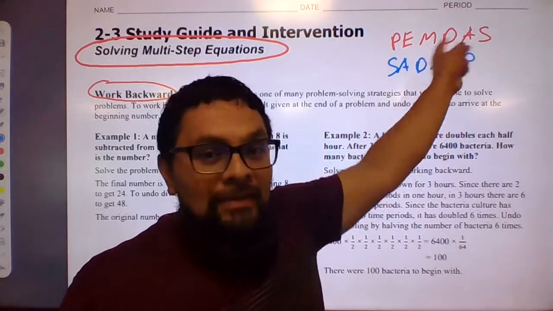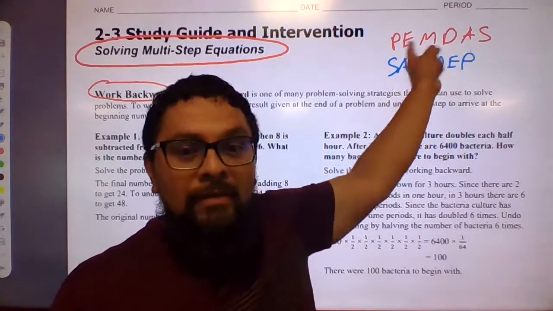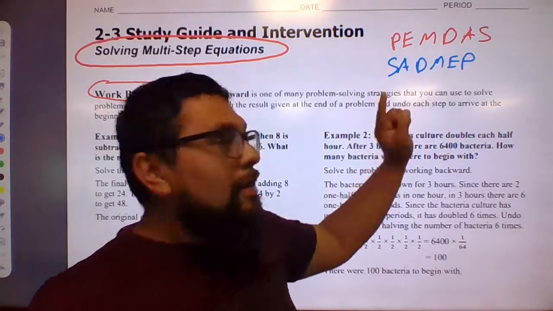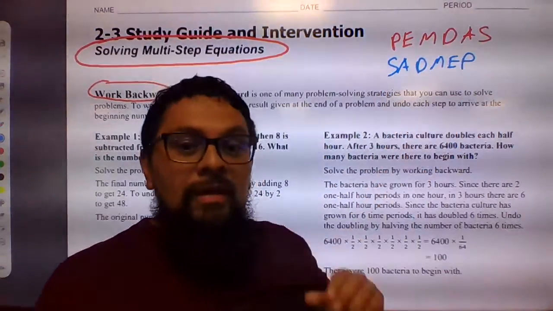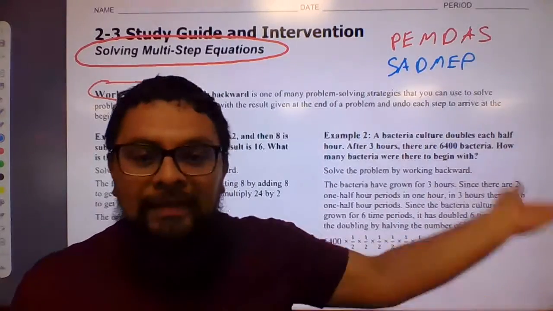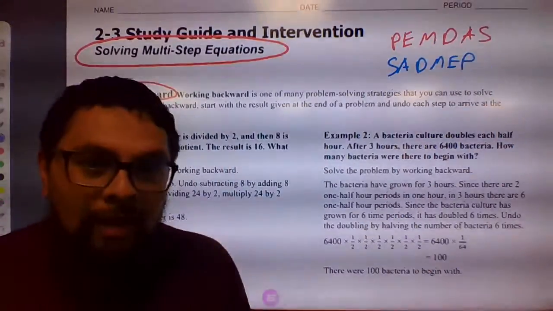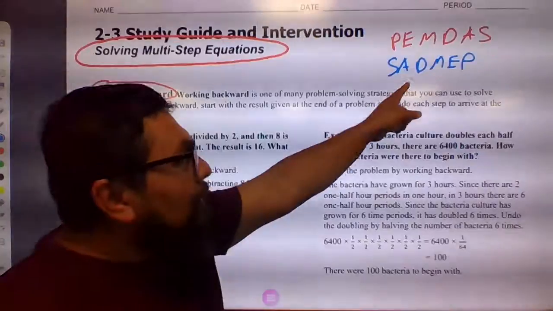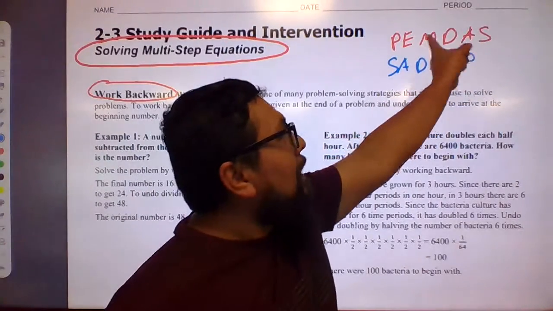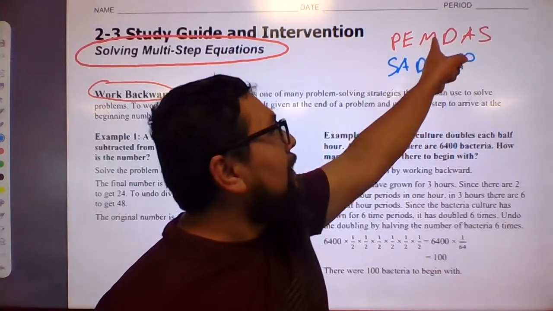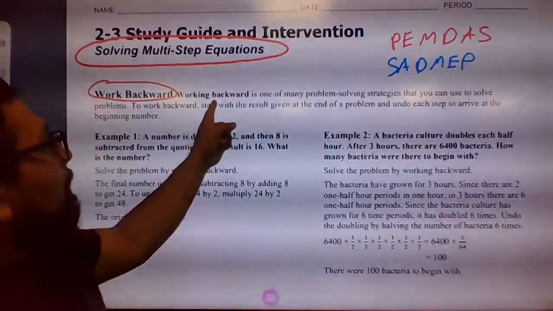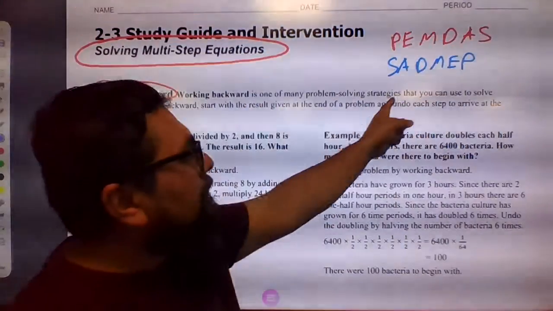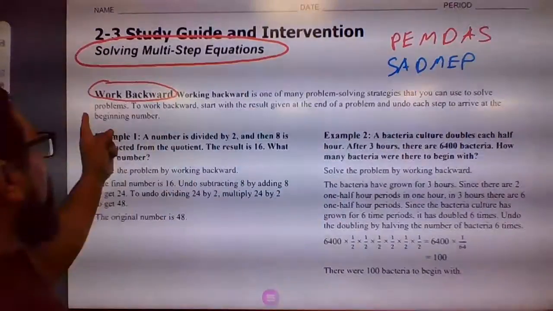PEMDAS is to evaluate expressions. SADMEP is actually to solve equations, whether they're one step, two step, multi step, or whatever it is. And if you look at it, it's working backwards from this. So working backward is one of the many problem-solving strategies that you can use to solve problems.